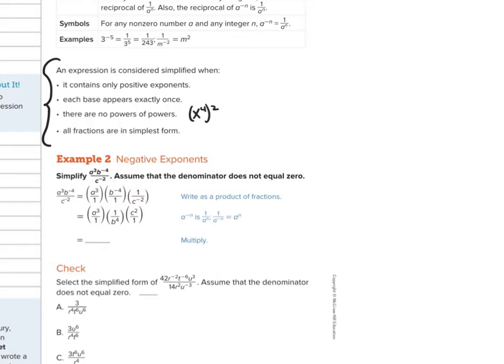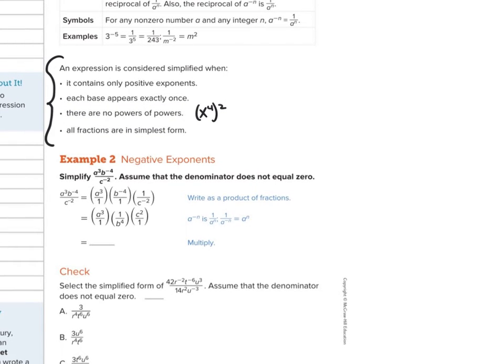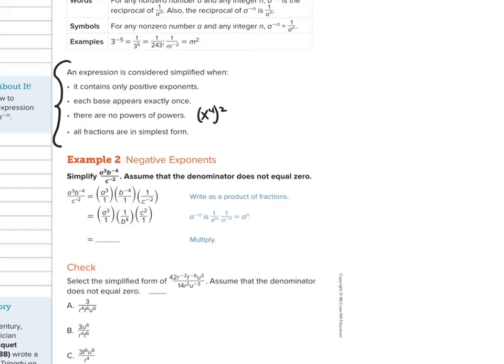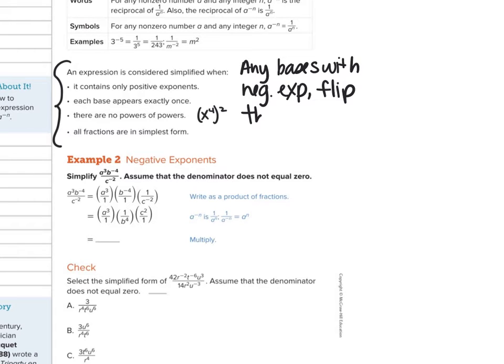Okay. So if I look, I want you to write, well, let me skip that. When you do an exponent, so any bases, so base would be like the regular number or the variable, okay? So any bases with a negative exponent, flip the base.